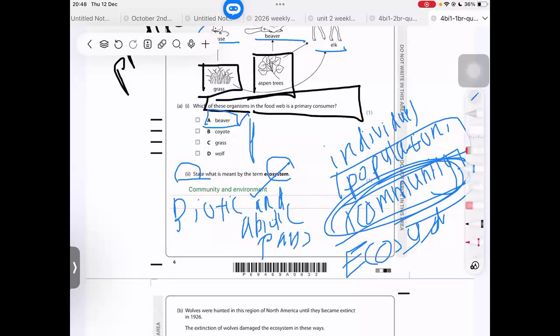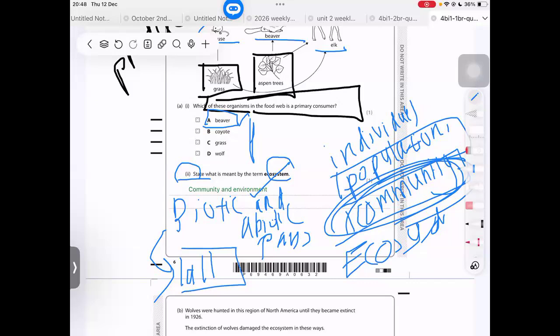Or else you can write it in normal terms, like all living things and all non-living things. But the word all is important because ecosystem means everything, right? All the non-living things as well as all the living things, right?